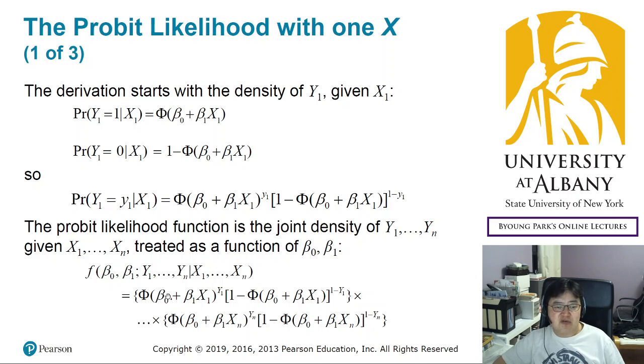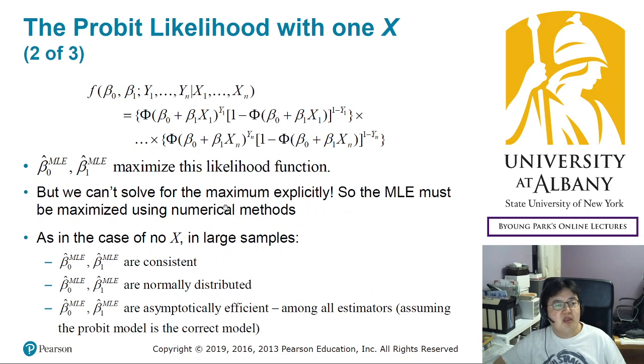It's a likelihood function because this captures the probability of what happened. And similarly, if you take the log of this likelihood, then you may simplify the algebra. Anyhow, the idea is to maximize this. This is how much you win. To maximize this, you have to choose beta 0 and beta 1.